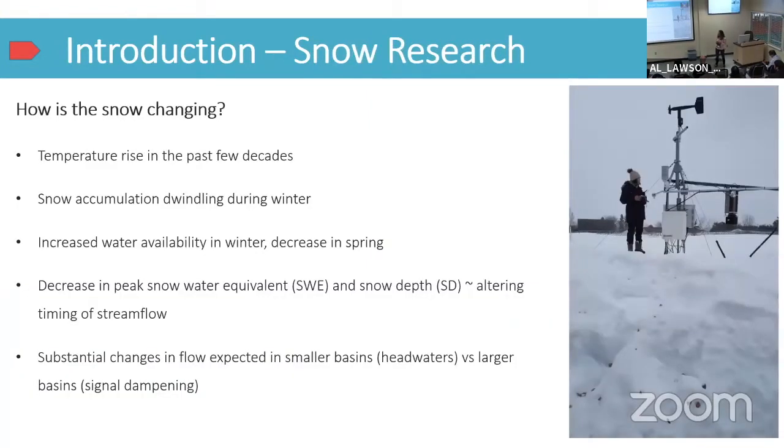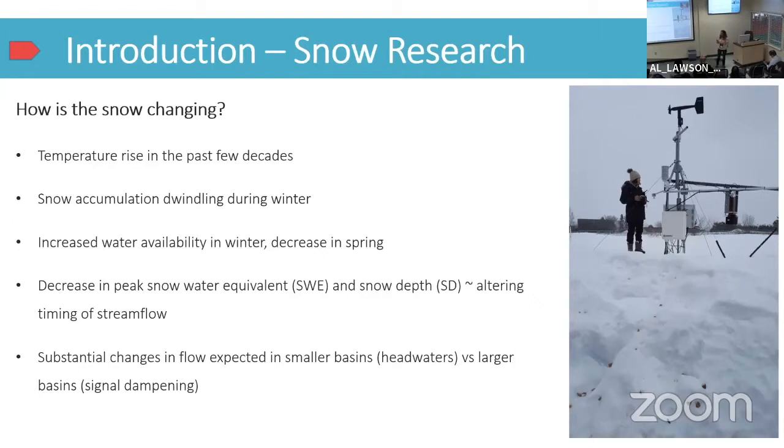So getting back to my research, the starting point is to understand how snow is changing due to the rise in temperatures in the past few decades. Many studies have shown that snowpack is decreasing during winter, so the water availability is actually increasing during the winter because all this snow is melting early.